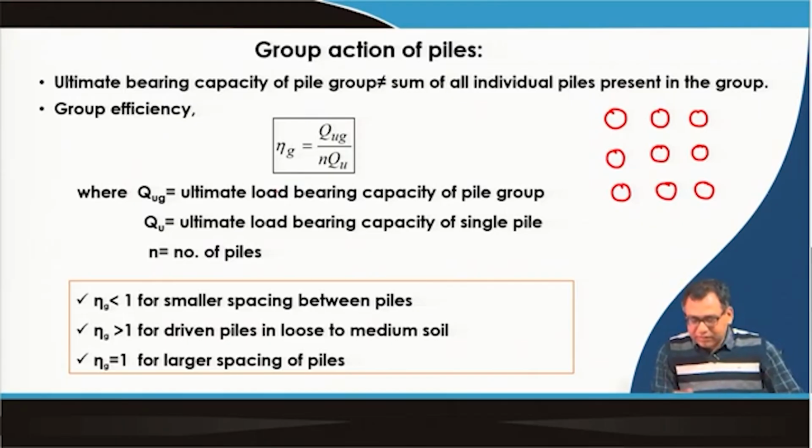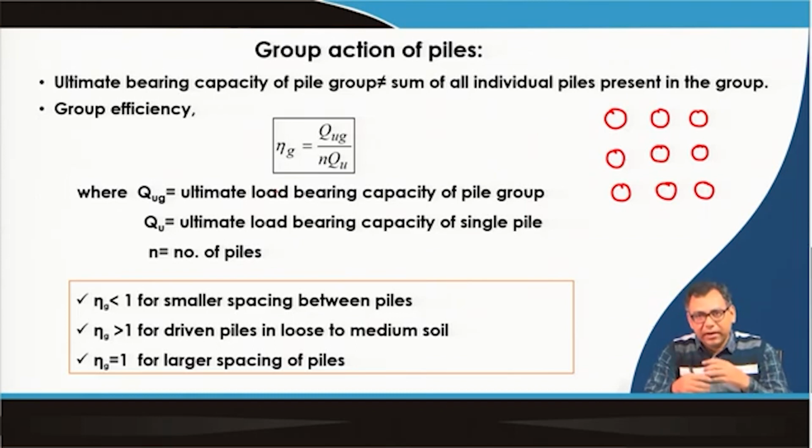Now, if the spacing between the piles is very large, then definitely the failure will be due to the individual pile failure, because there will be less group interaction or pile to pile interaction as the spacing is large. In such case the efficiency will be 1. Now, if the spacing is very small, then there will be an interaction between the piles, and the pile influence zones will also overlap each other.